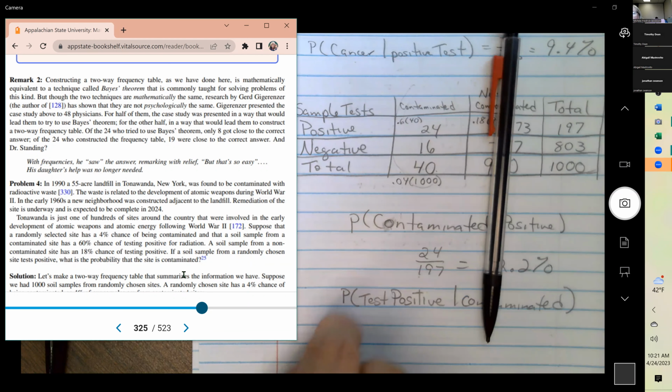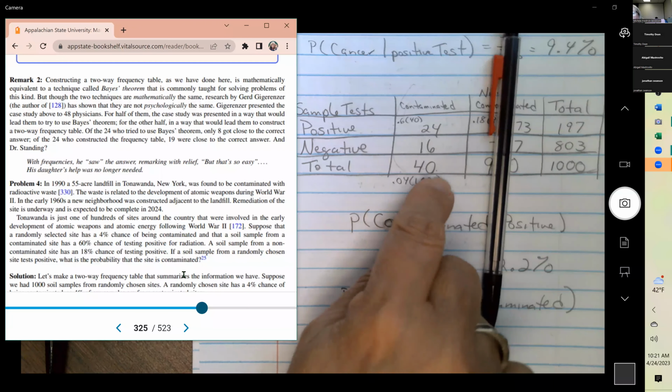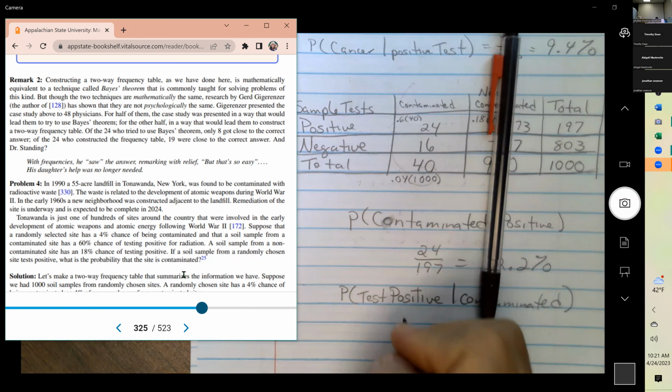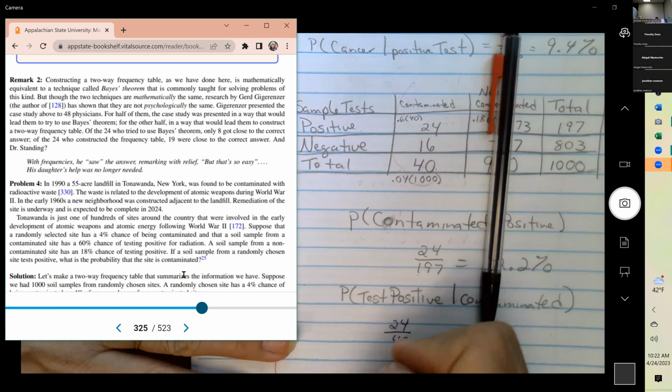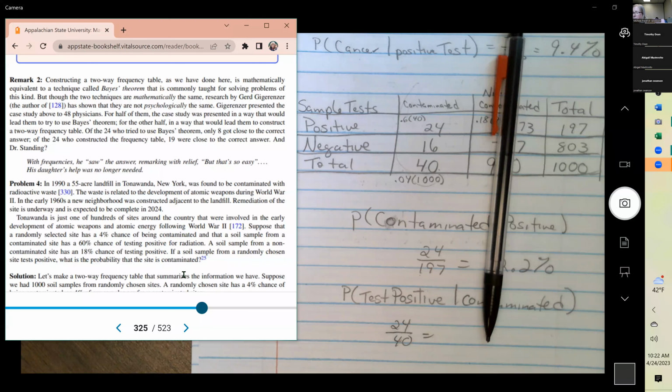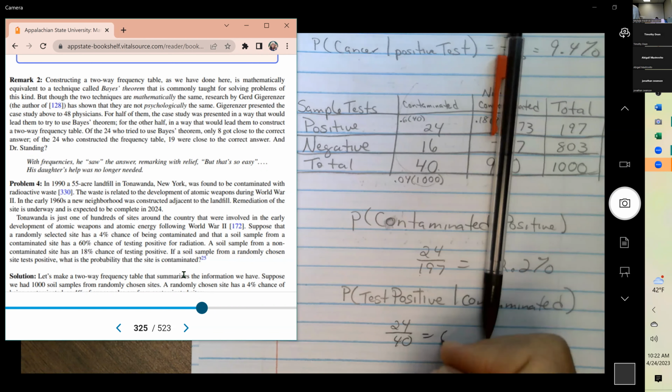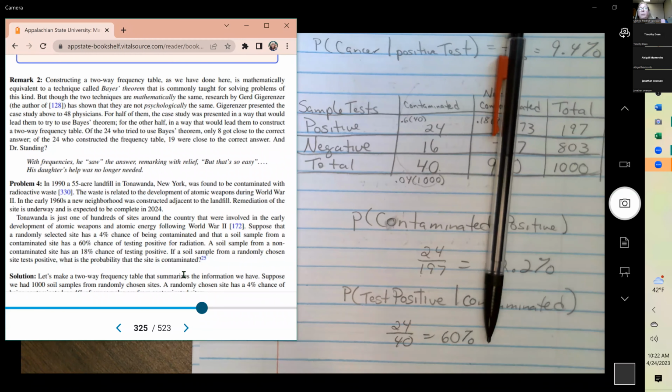So then testing positive is 24 out of 40. So of those that are contaminated, we are finding 60% of them. So there's still 40% that are contaminated that we are getting a negative test for. Are there any questions on that?